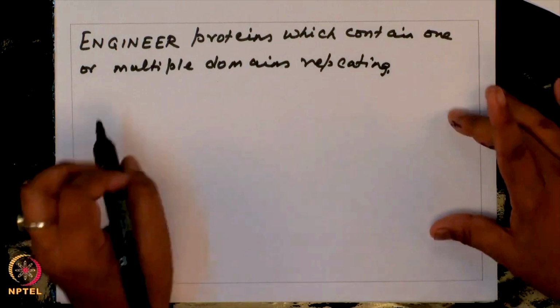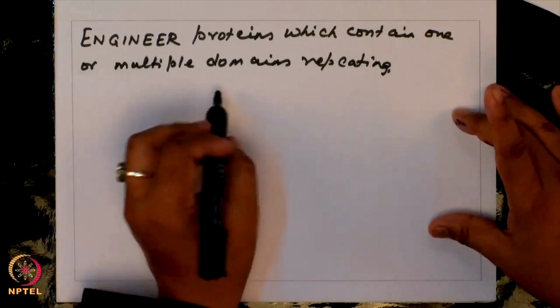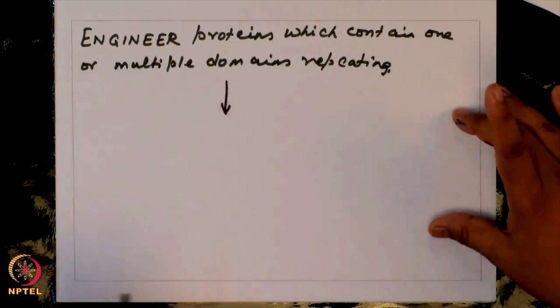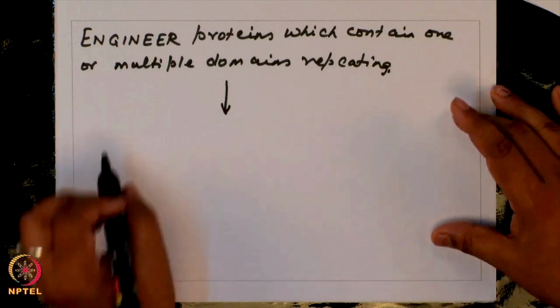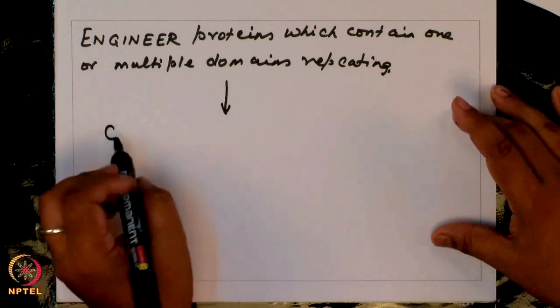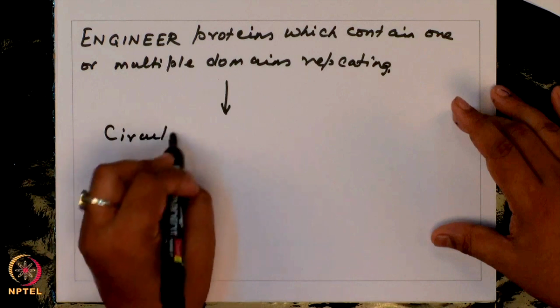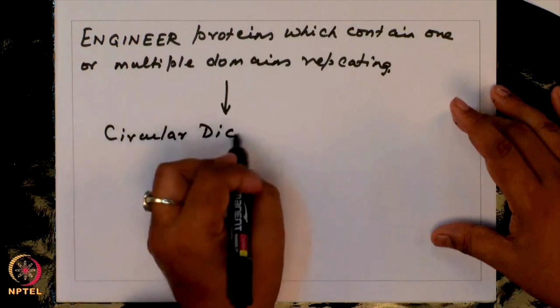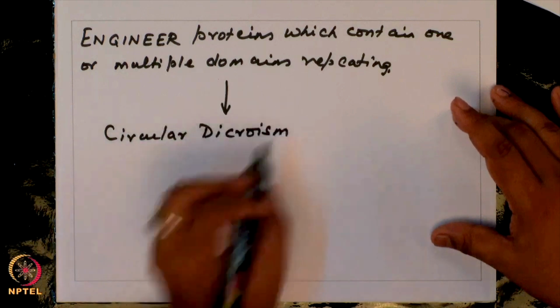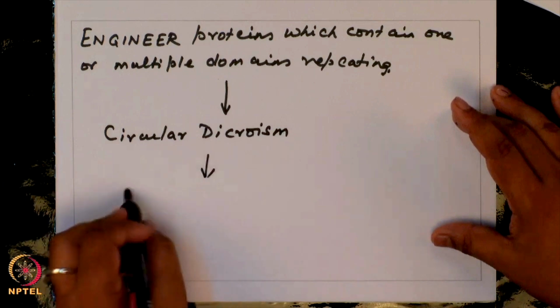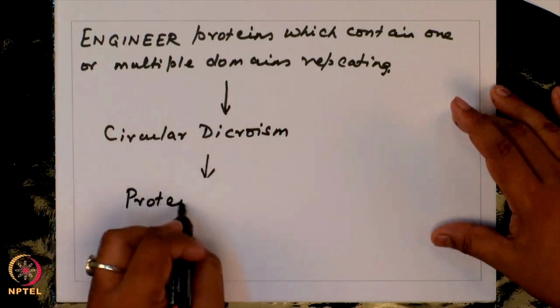Now, let us say you have made your protein. One important step is, after you have made this polyprotein, you have to make sure you use circular dichroism and other techniques to make sure that the protein folds and is stable.